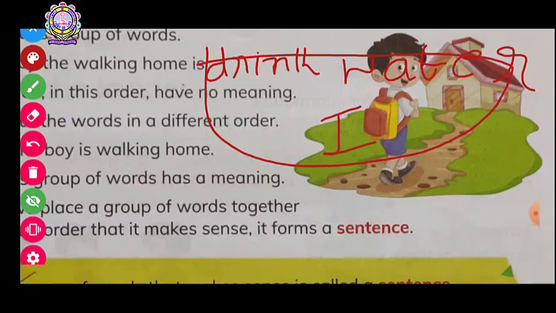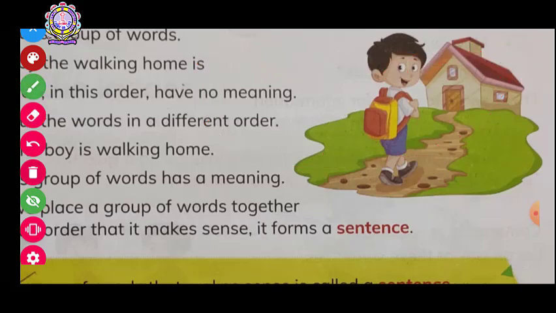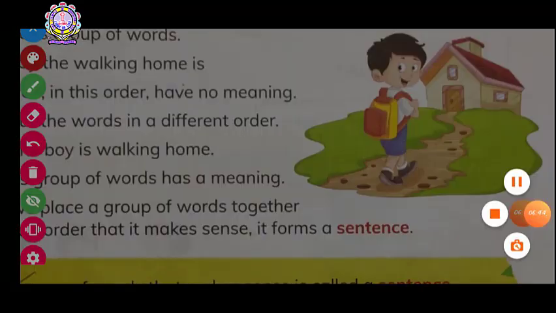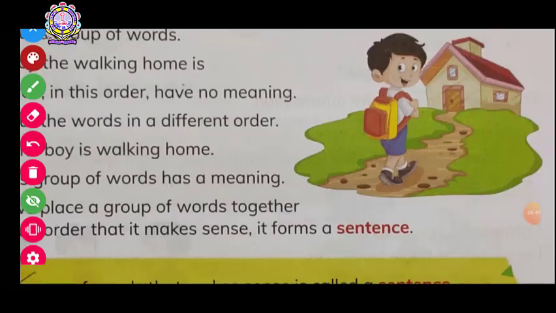No, this is not a sentence, right? Drink water I. Is it a sentence? No. I drink water. This makes sense, right? So we will move further to what is written.